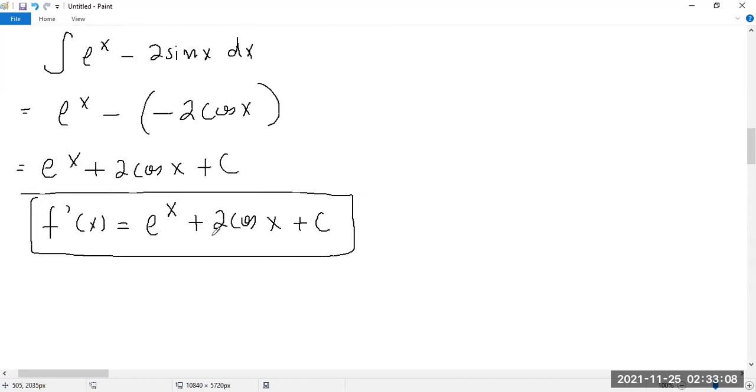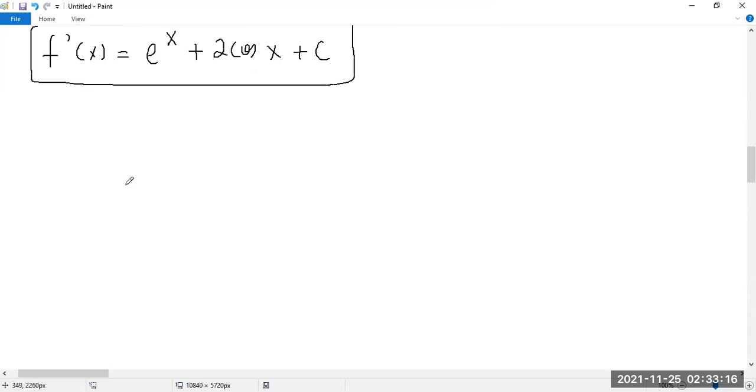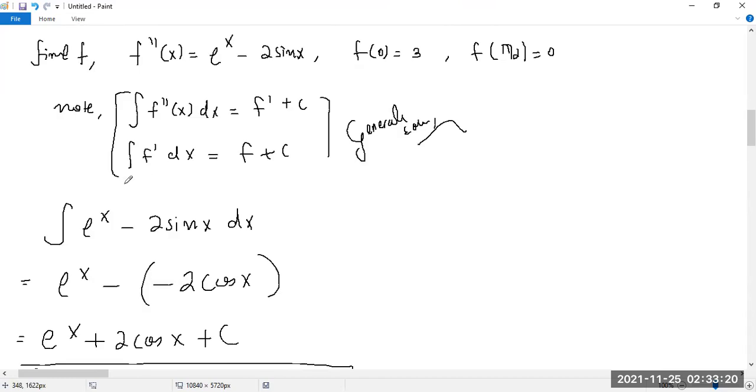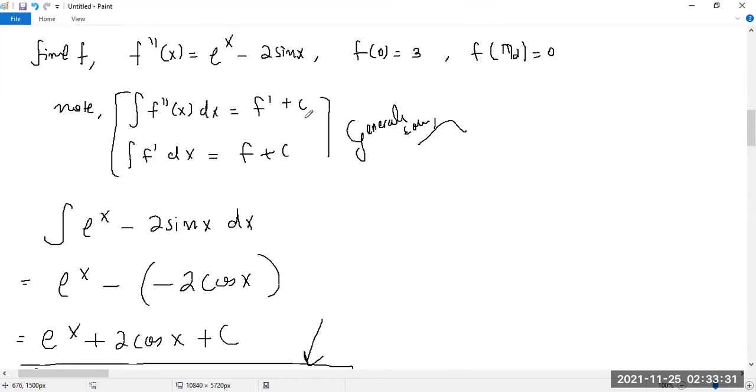This is essentially the general solution. So it's not exactly the exact solution. And so we actually want to solve for c, but we actually can't solve for c for f prime because it hasn't given us a hint as to what we should plug into f prime to get the value of c.